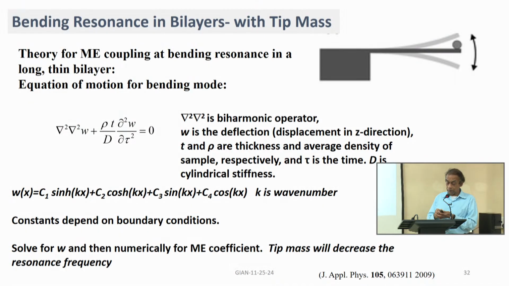For example, if you have a bilayer whose fundamental bending resonance is at 100 hertz, and I put a 10 gram mass at the tip, the mode frequency will go down to 10 hertz. When you superimpose the signal that you want to measure, it will give you a lot more accuracy if you can work the sensor at lower and lower resonance frequencies. I will show you some examples. Okay.